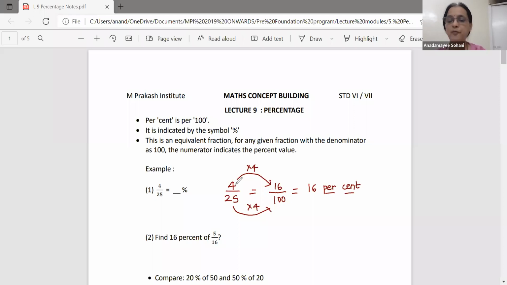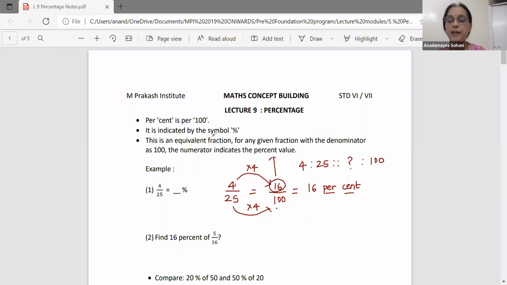So 4 upon 25, 4 is to 25 is how many is to 100? We can look at it as an analogy thing also. Any fraction converted to denominator 100, the numerator is the percent value of that particular fraction.